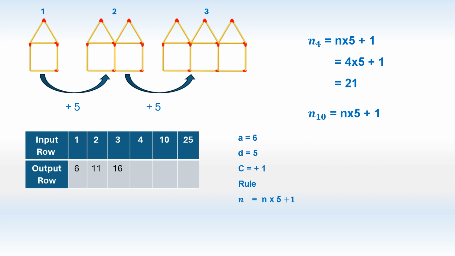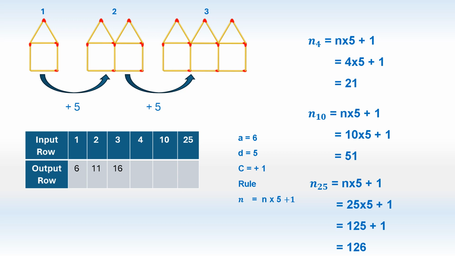Then for the 10th number, we put our rule n times 5 plus 1. So it is 10 times 5 plus 1, which is 51. And the 25th number, we'll say 25 times 5 plus 1 gives us 125 plus 1, which is 126. So we take all our answers and we put them in the table.